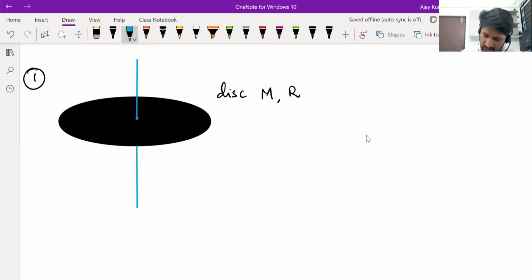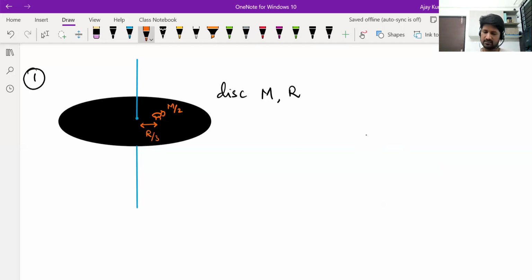Assume there is an insect on the disk somewhere here. There's an insect on the disk. Assume the insect mass is m/2 and it is initially at a distance r/3, 1/3 of the radius, from the axis.